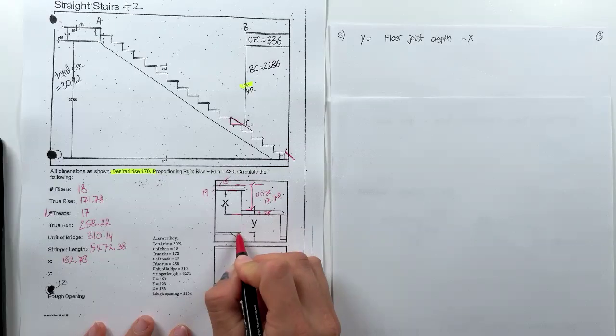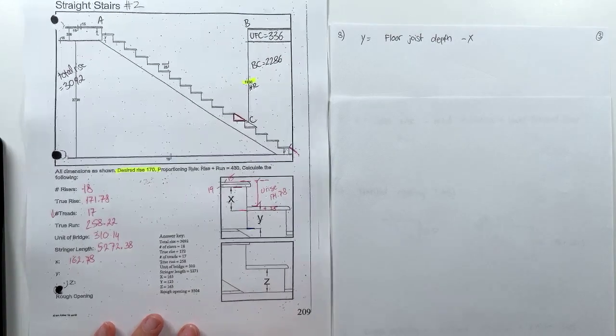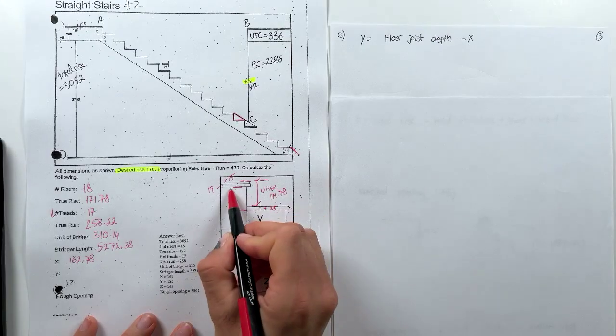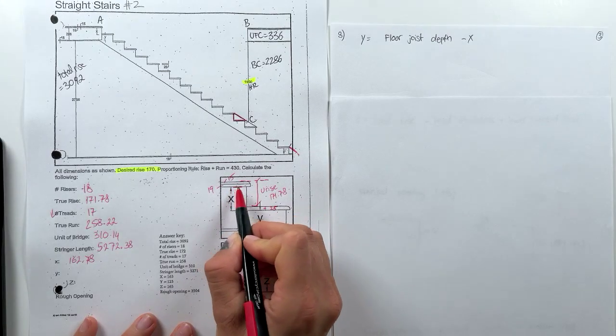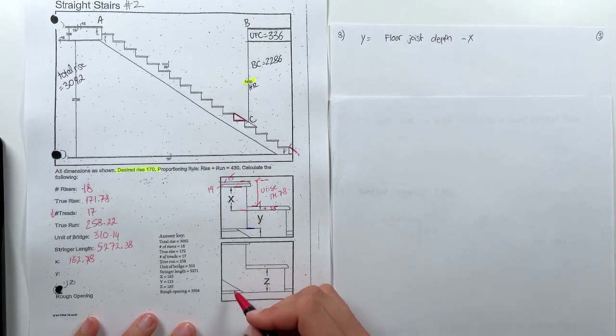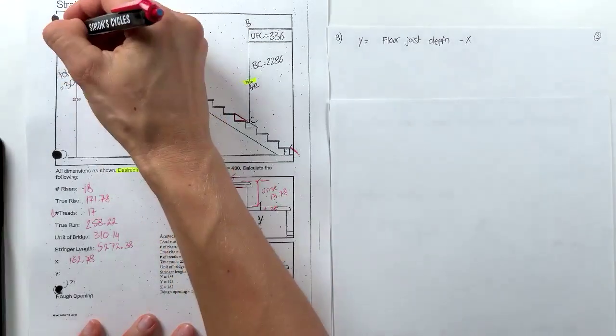So let's see where this lines up. And it looks like it lines up with the bottom of the floor joist. And up here, the X also goes to the top of the floor joist. So underside of subfloor or top of floor joist. Well, do we know our floor joist measurement? Well, yes, we do.